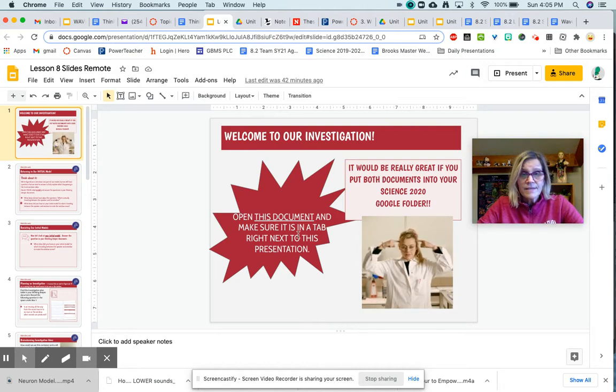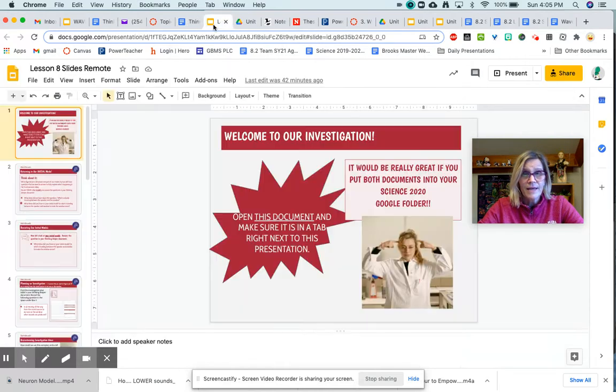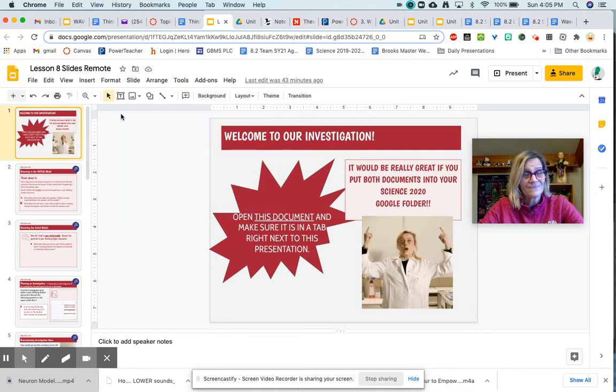First of all, it says, open this document and make sure it's in a tab right next to the presentation. And it'd be great if you put both of the documents into your Science 2020 folder right here. 2020 Waves is where I have it, but you should have it in 2020 Science.